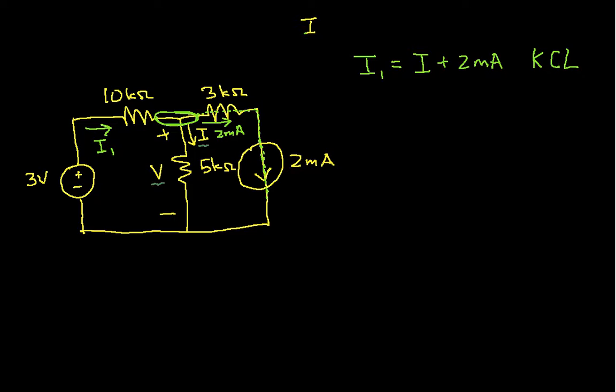Once I know what this current is, I can find the voltage across the 10K ohm resistor using Ohm's law. Let me call this V1. The voltage across this 10K ohm resistor is going to be the current through the resistor times 10K ohms, and I can plug this expression in for I1.